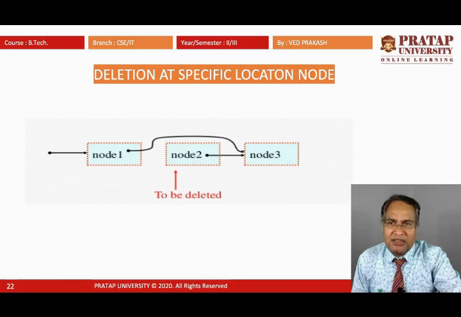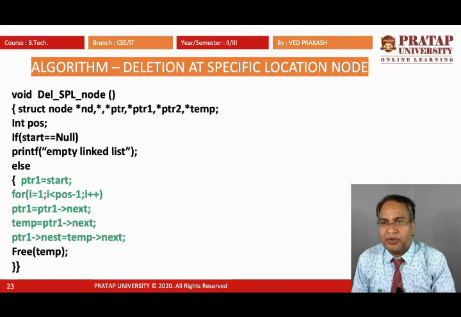It is necessary that we consider the position from where we want to remove the node. To implement this operation, we use the algorithm for deleting at a specific location. So this is our algorithm.